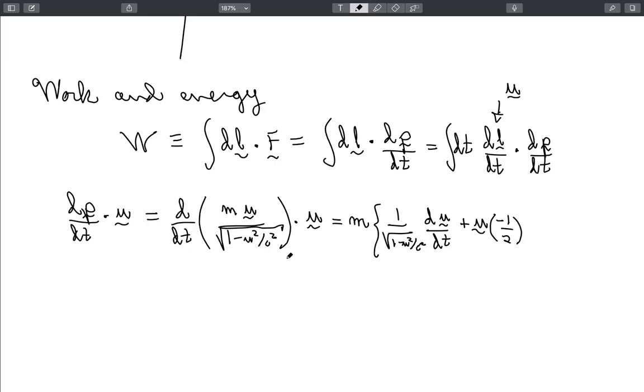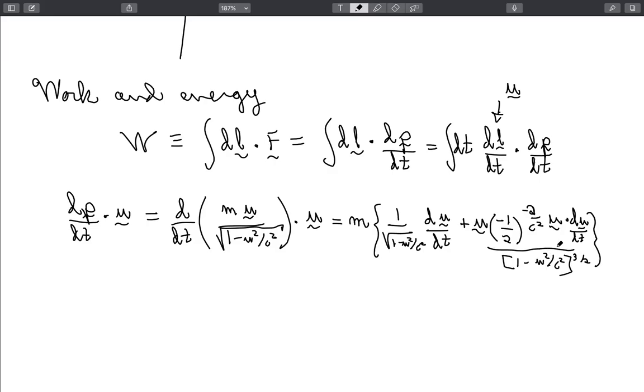Okay, then the derivative of this is going to be 1 over c squared with now a minus 2, with u dotted into du/dt. And this whole thing is going to be divided by 1 minus u squared over c squared to the power 3/2.